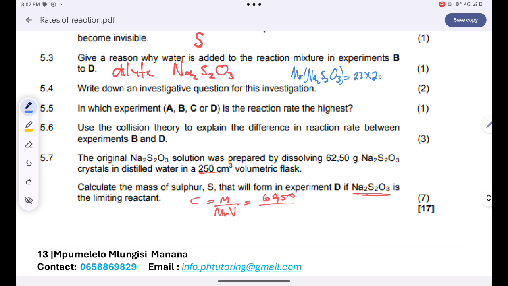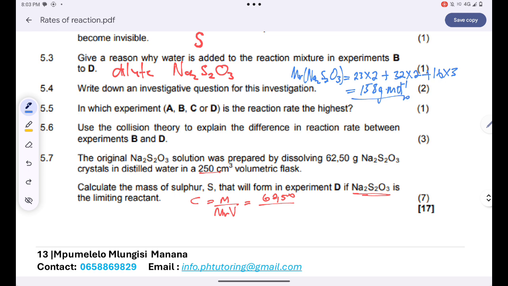Since I have two of them, I'll say multiplied by 2, plus sulfur is 32 multiplied by 2, oxygen is 16 multiplied by 3. So this will simply give me 23 times 2 plus 32 times 2 plus 16 times 3. This will simply give me 158 grams per mole.